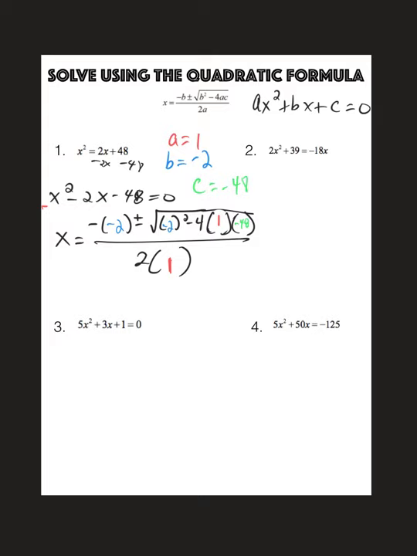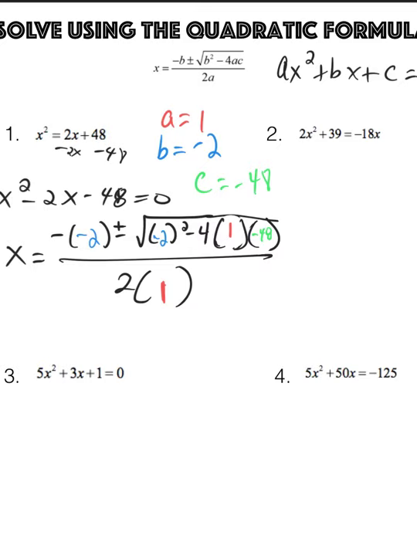A lot of people have different ways that they choose to have this simplified. I usually will simplify the discriminant first before anything, and I know I'm using a ton of room, so I want to make sure I'm also making this easy to understand. The opposite of -2 is +2.